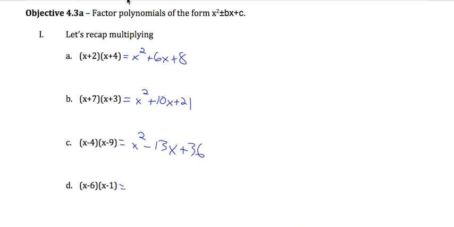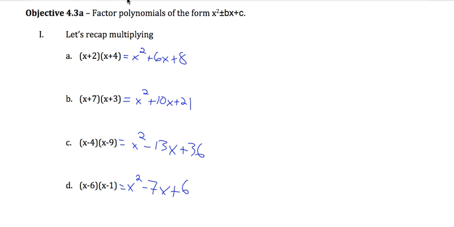And the last one should be x squared minus 7x plus 6. Okay? So, what we're going to try to do is discover a pattern between the numbers in our answers and the numbers in our original problem. Pause and take a second to think, do you see a pattern between the starting problem numbers and the numbers in our answer?